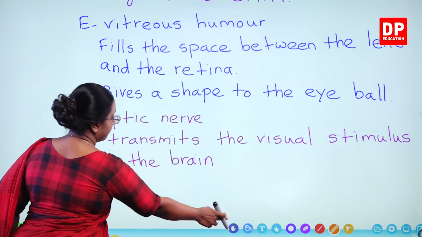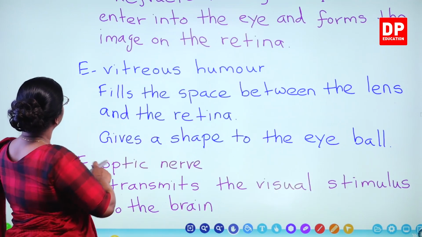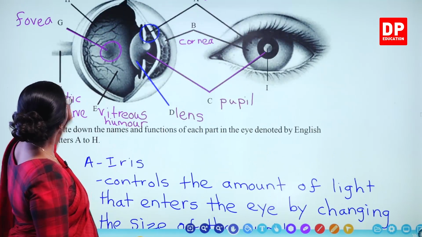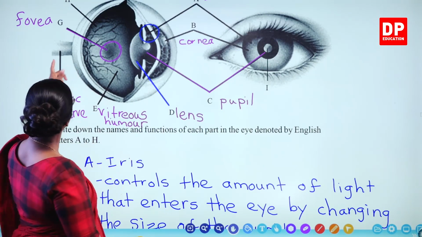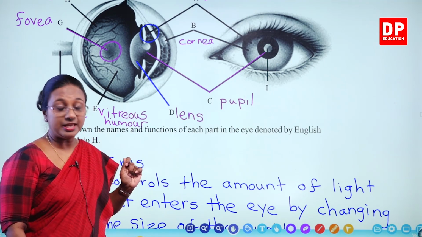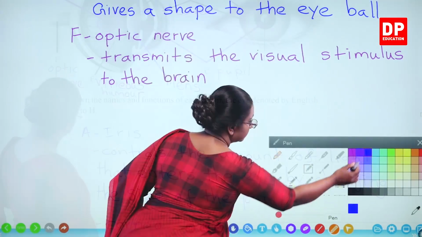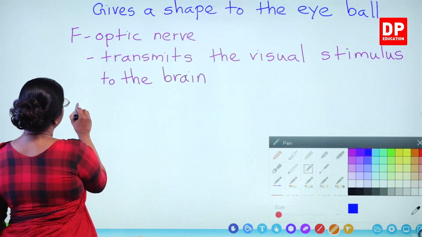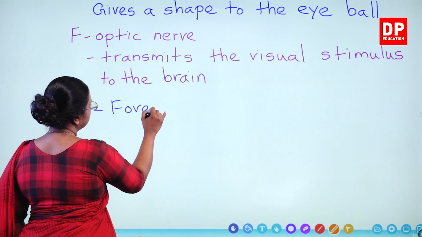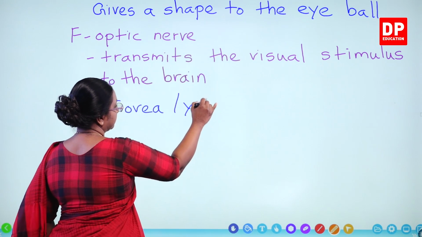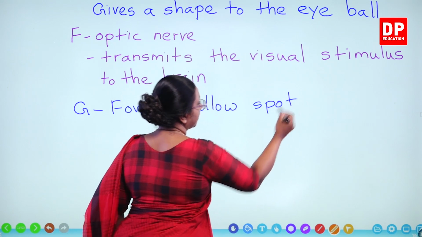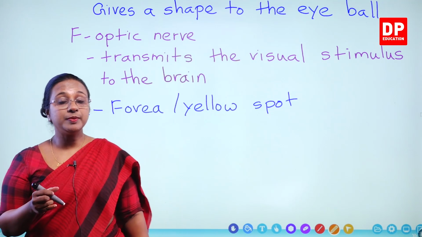Then what do we have? We have to go on up to H. Now we have to write for G, that is fovea. What is fovea? It's also known as the yellow spot. So we have G, that is fovea or yellow spot. What is the function of the fovea?